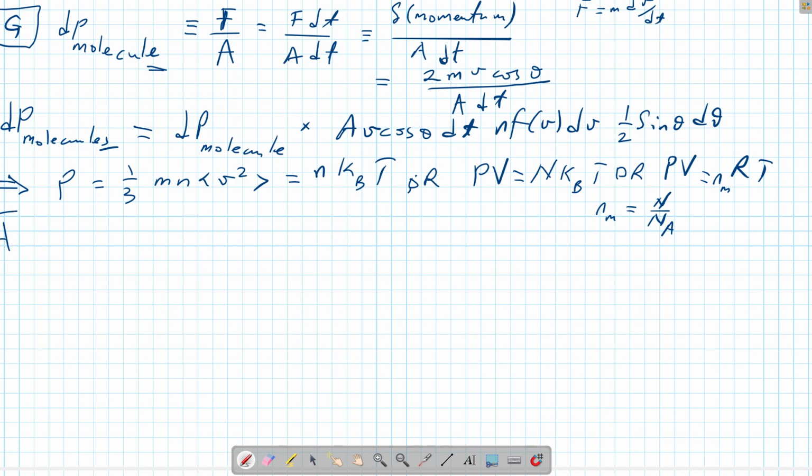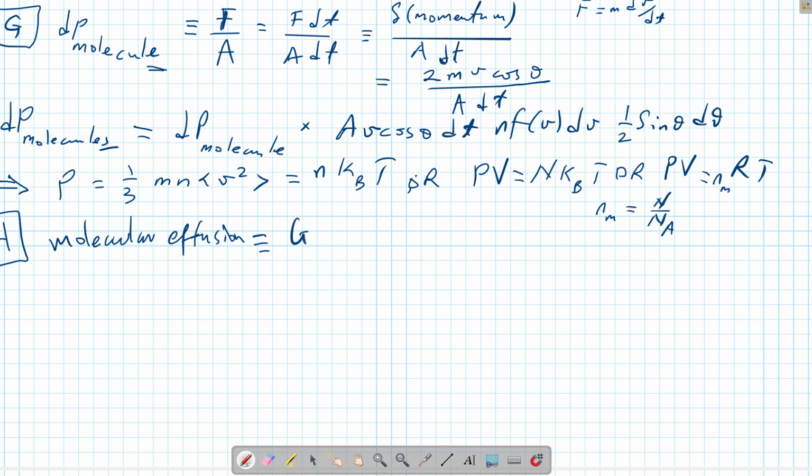Point H. Again, we're going to talk about molecular effusion. So if you have a small hole on the container of a gas, naturally the gas molecules are going to come out. So the gas escape via a small hole is called molecular effusion.